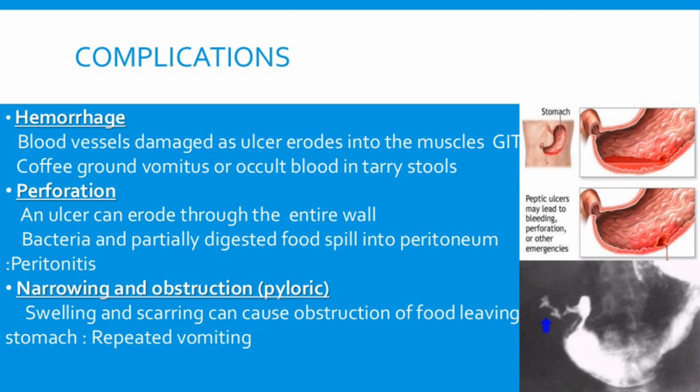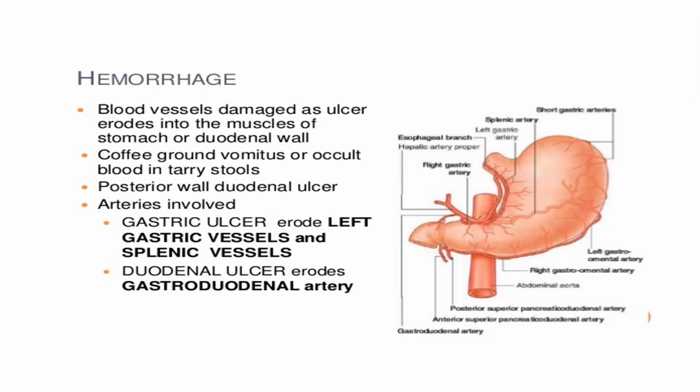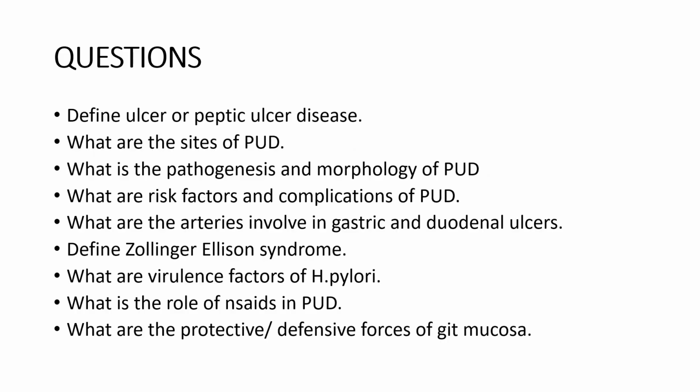Narrowing and obstruction is caused by swelling and scarring, which will lead toward obstruction of food leaving the stomach, that will lead towards repeated vomiting. In this slide, you have to focus: gastric ulcer erodes left gastric vessels and splenic vessels, and duodenal ulcer erodes the gastroduodenal artery. So these are the list of questions which can be formed from the topic we have covered today.